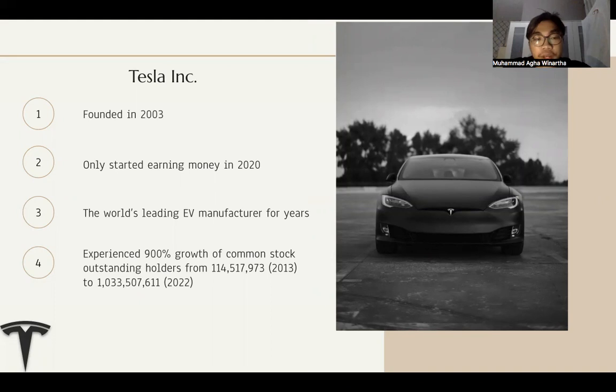They are also the world's leading EV manufacturer for years. They have experienced huge growth, 900% growth of common stock outstanding holders, from about 114 million in 2013 to over 1 billion in 2022.